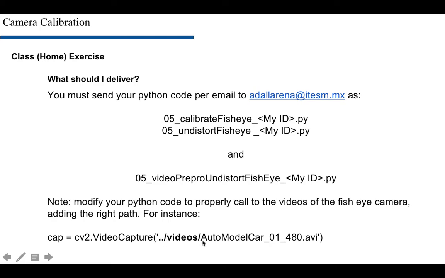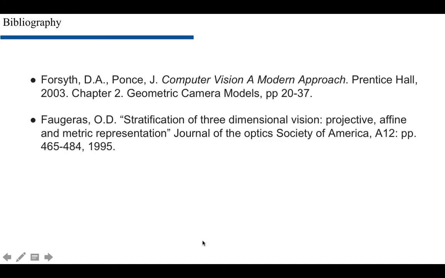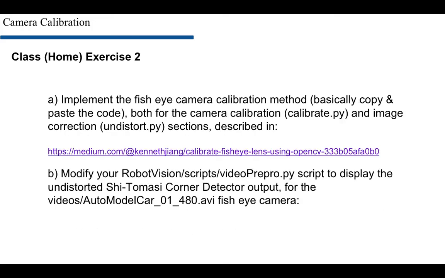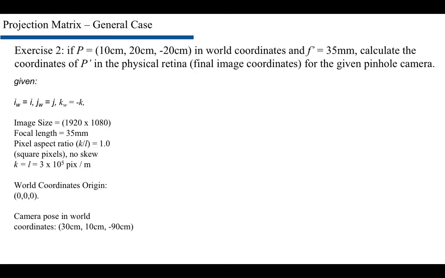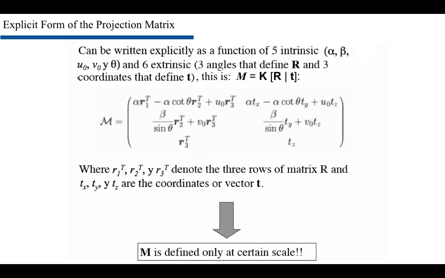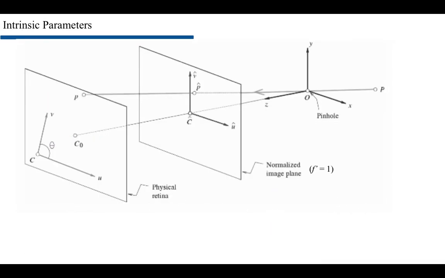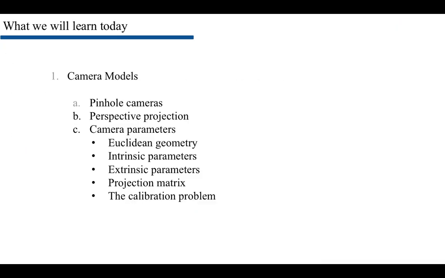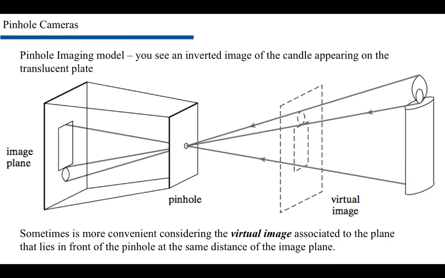Okay, so that's it for today. Just to make a brief summary of what we saw today: we talked about these camera models. We talked about the inversion that happens on the image in the pinhole camera.